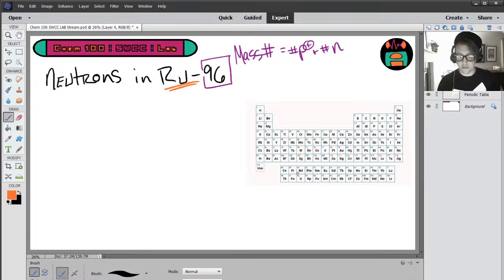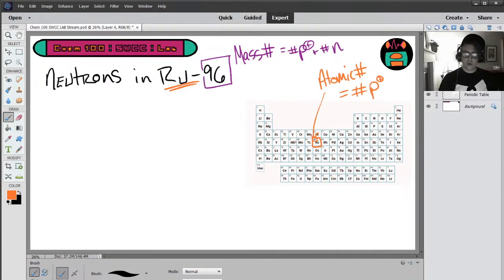We actually need to find ruthenium on the periodic table, and here it is, right here. The reason why we want to locate it on the periodic table is we can find the atomic number. This number right here is the atomic number, and it equals just the number of protons. So now that we know the atomic number, we can take the difference between the atomic number and the mass number, because mass number is protons plus neutrons.